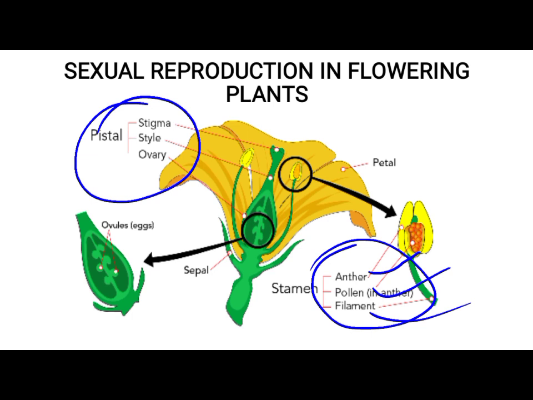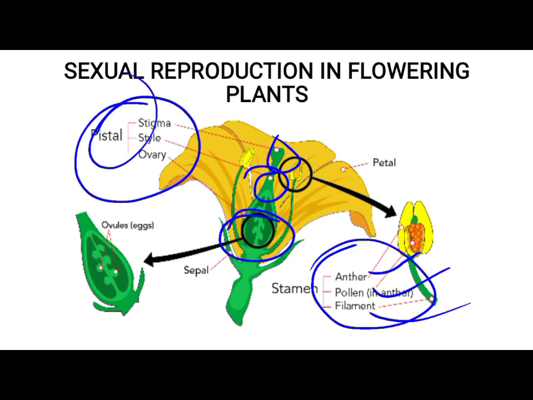While in the female part, you have the stigma, which will receive the pollen grain. Okay, and then you have the style, which holds the stigma, and also serves as a passage between the stigma and the ovary.